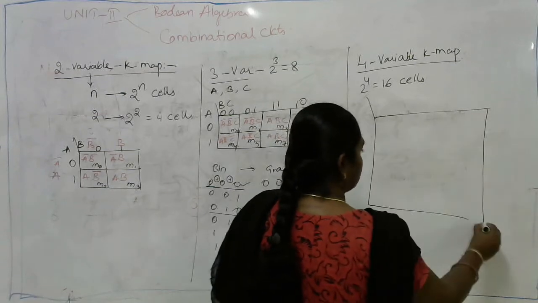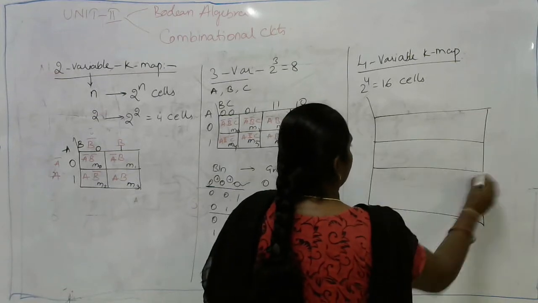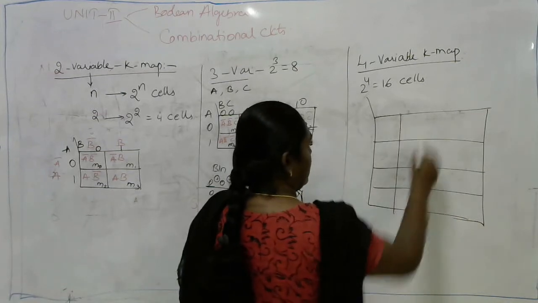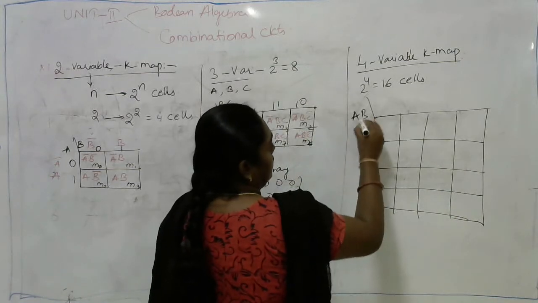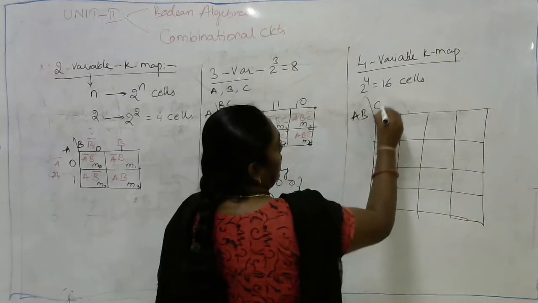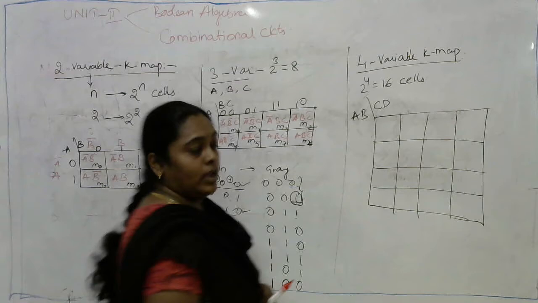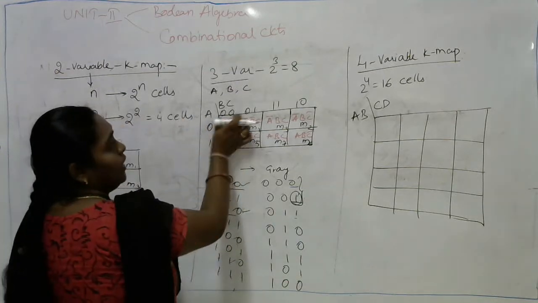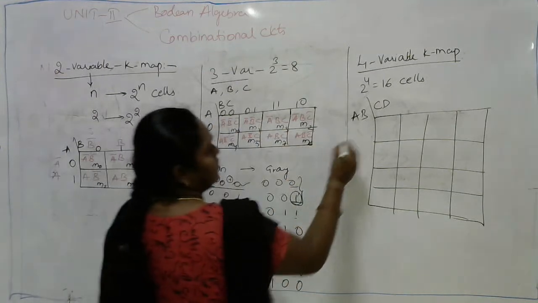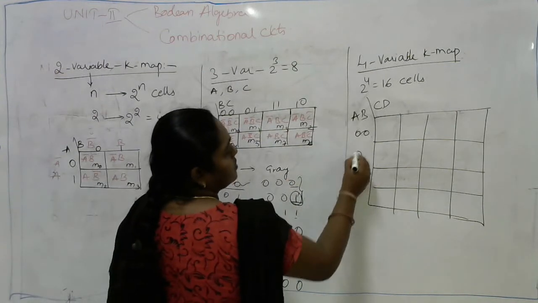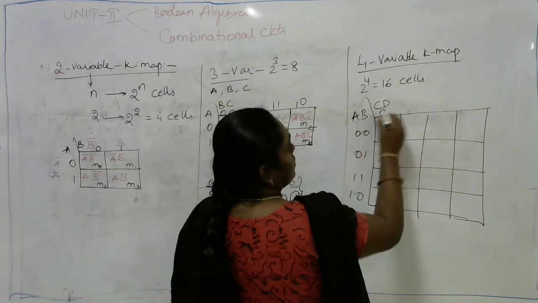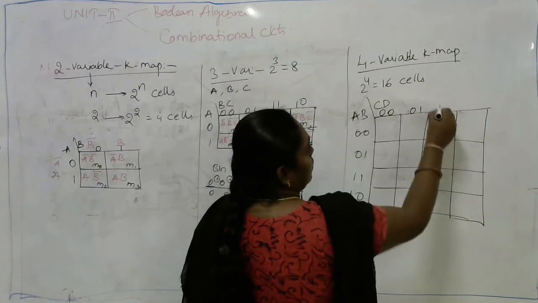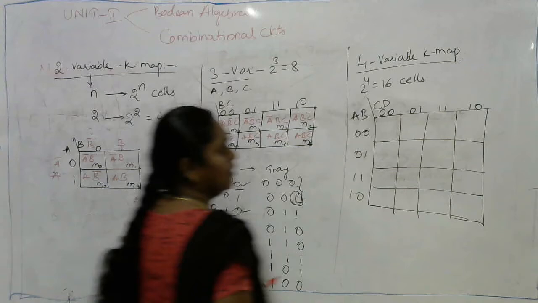Here I am representing the 4 variables in such a way that AB is one side and CD is the other side. As we have written for 2 variables, the same combination we need to write: 0 0, 0 1, 1 1, 1 0, and 0 0, 0 1, 1 1, 1 0.